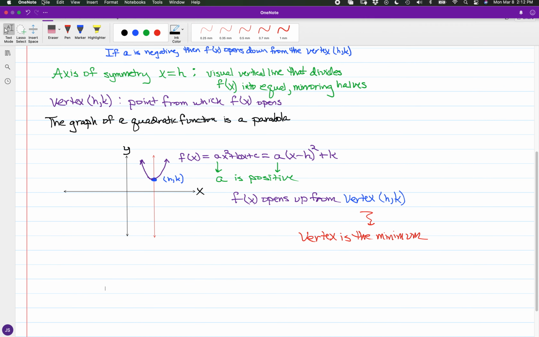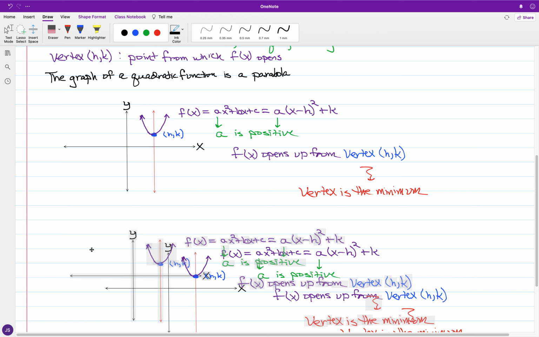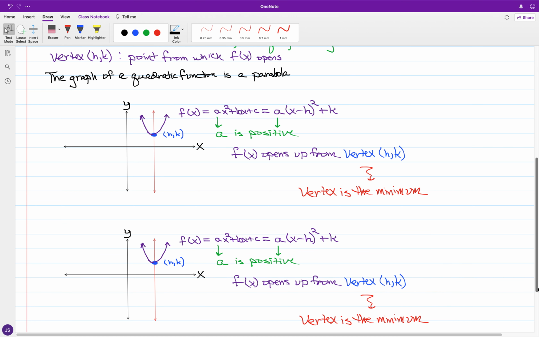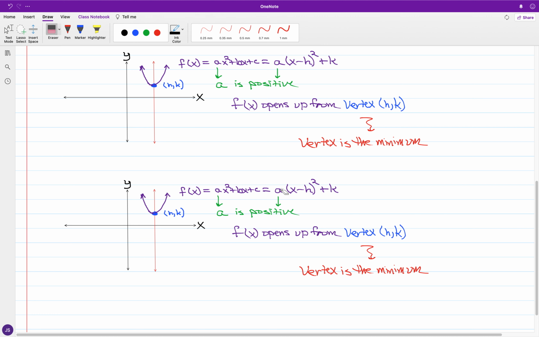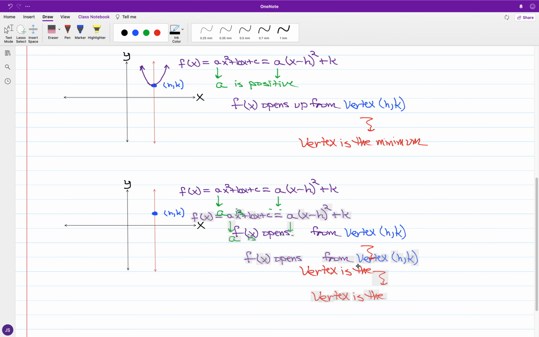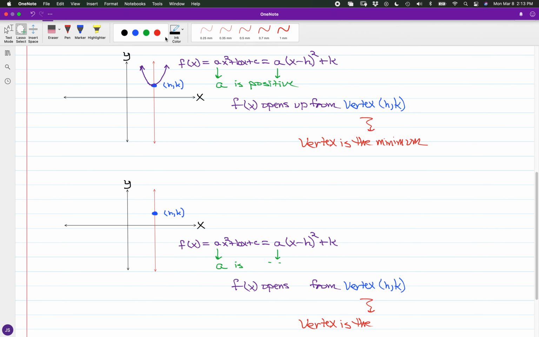And then, slightly switching gears. I'm just going to keep what I have as it is, and add in this little detail here.